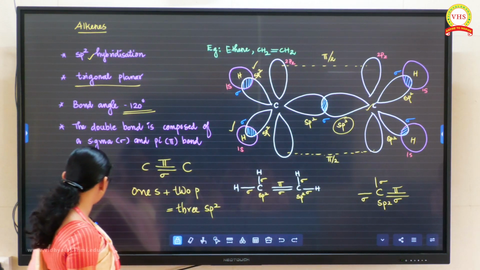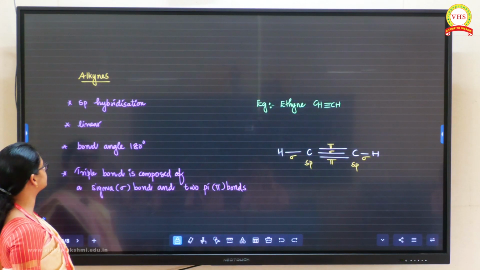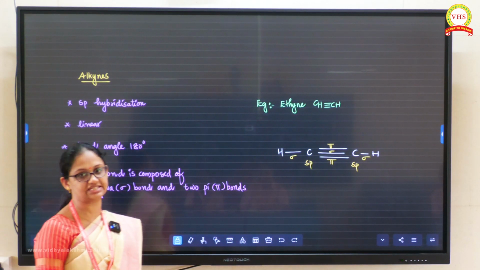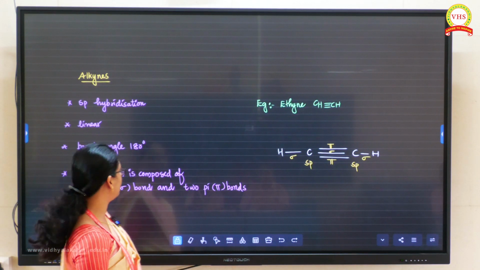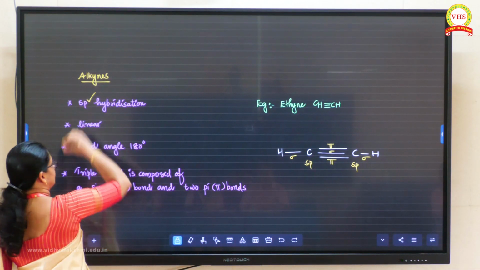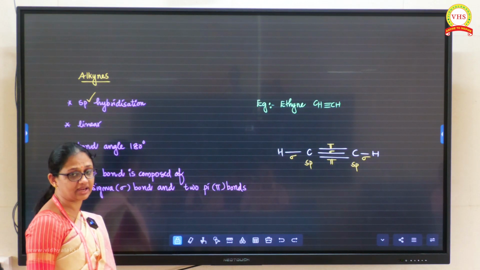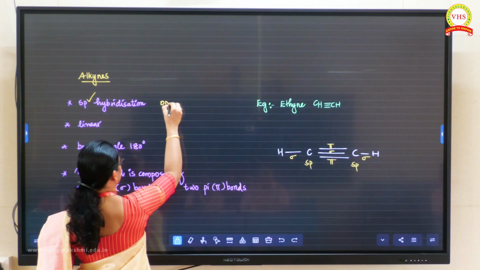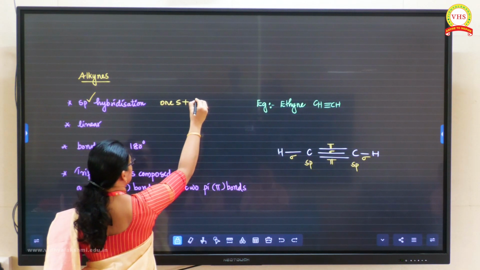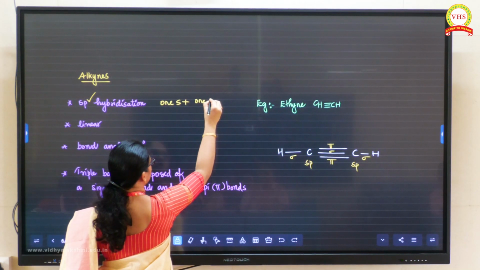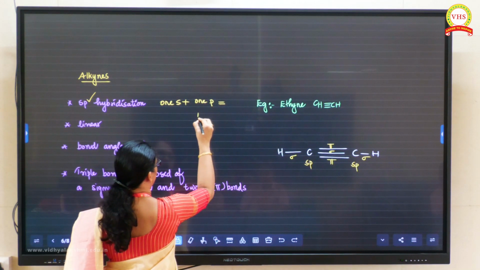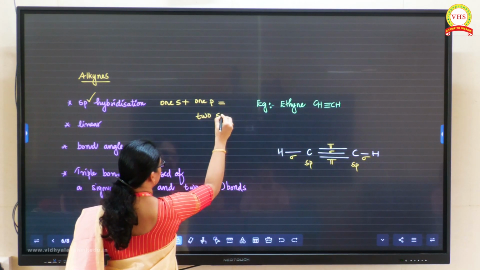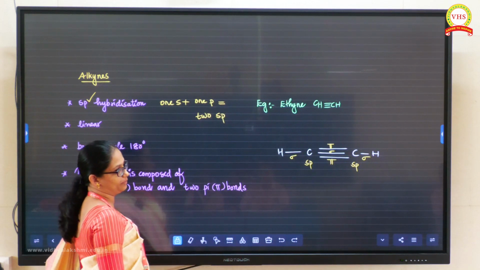Then the next unsaturated compound is alkynes. Alkynes, triple bond, hybridization is sp hybridization. How are sp hybrid orbitals forming? One s orbital hybridized with one p orbital to form two sp hybrid orbitals.